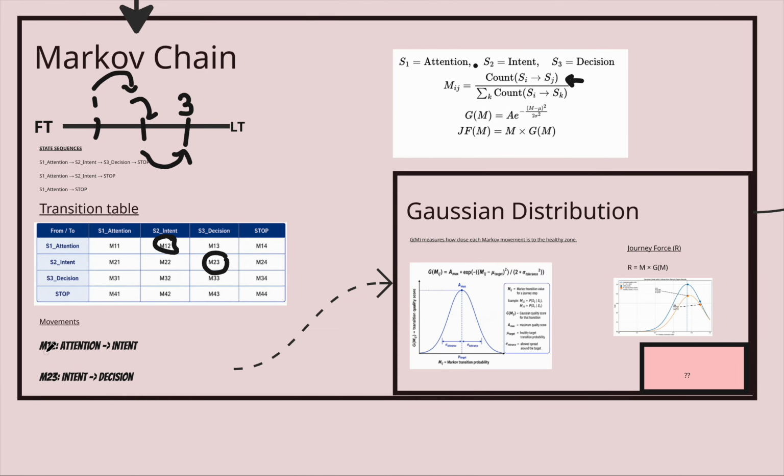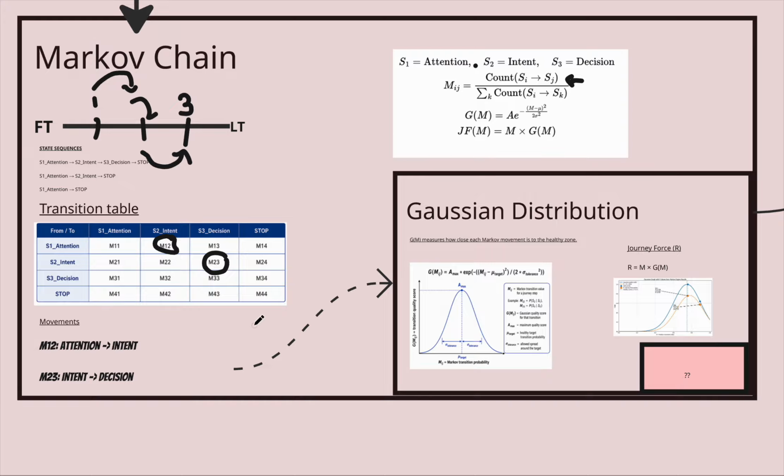So M12 means the movement from attention to intent, and M23 measures the movement from intent to decision. Okay, so later on we will go into the programming details, so we will be able to see the outputs.